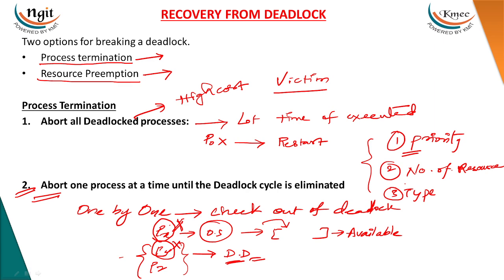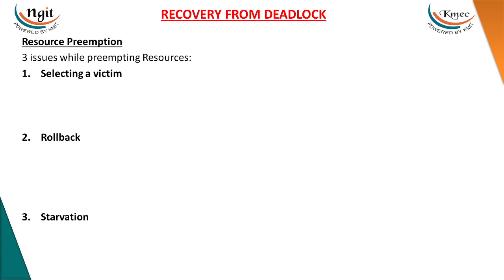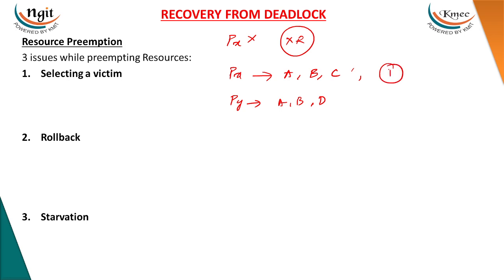Next one is resource preemption. Instead of preempting the entire process, we preempt the resources here. That means we take the resources forcefully. Suppose px is holding resources a, b, c, and py is waiting for a and b while holding d, and px is requesting d.